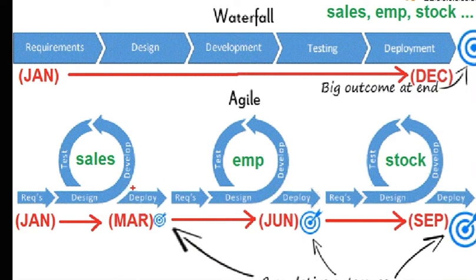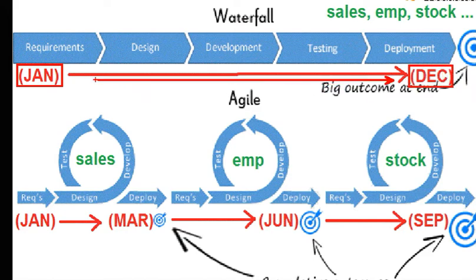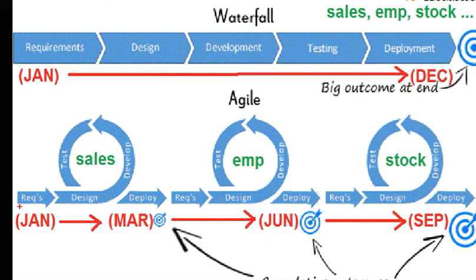If you have multiple deployments, the client will get to market early. In this case, I started my process in January and delivered in December, so my client will wait for one year. But with the Agile model, I start in January and deliver in March. Within two months I delivered my sales module, so my client will get business within two months, and an early market.